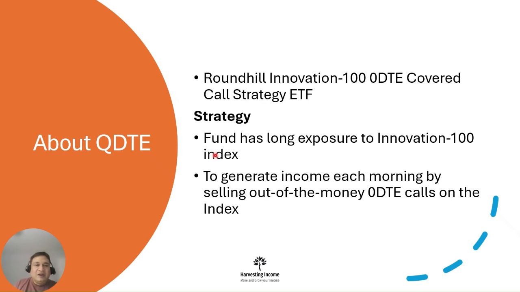So they basically buy deep in the money long-term calls, which enables the fund to track the price of the index. So whenever a fund buys a long-term call, it would actually track the price of the underlying asset, roughly.